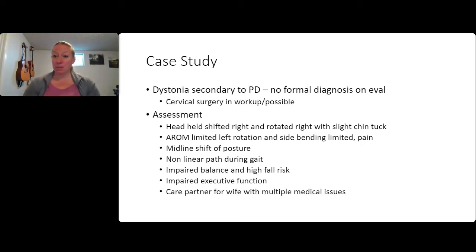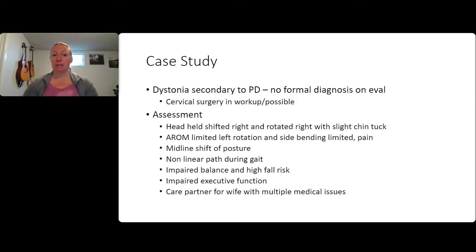But one of the big concerns was that through the process of this, he was having more cervical pain. He had been referred to a neurosurgeon, and they were talking about cervical surgery, for which he would have been pretty high risk. So if we can avoid surgery through rehab management, that'd be great. If we look at his assessment, these were some of the things that were concerning.